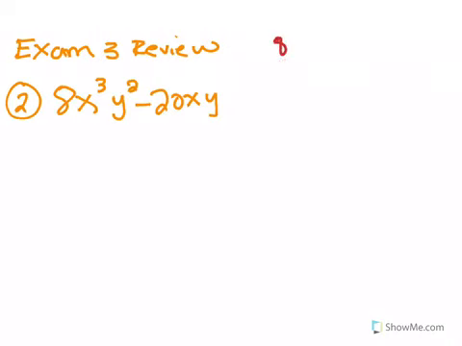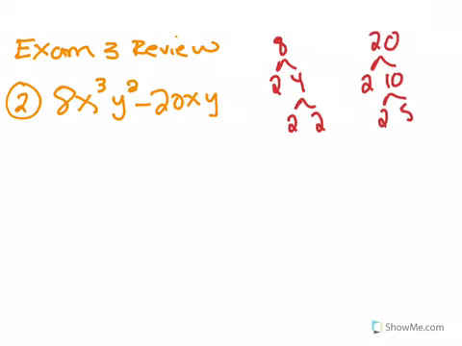So we can factor 8, 2 times 4, 2 times 2, and then 20, 2 times 10, 2 times 5. How many numbers do they have in common? They have 2 2's, and 2 times 2 is 4. So they have the factor 4 in common.